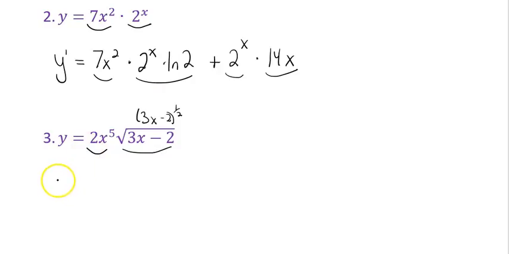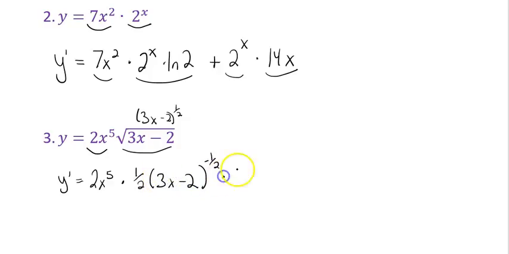So now my derivative, first, copy that down, then times the derivative of the second, and again I'm going to focus on this type of notation, so this will be a chain rule. So I'm going to do the outside, keep the inside the same, and then multiply by the derivative of the inside. So this whole piece is the derivative of the second.